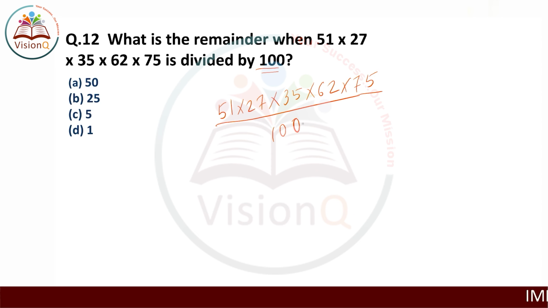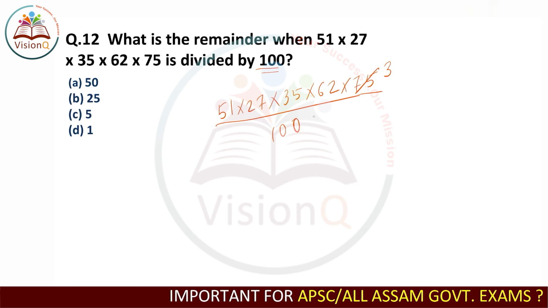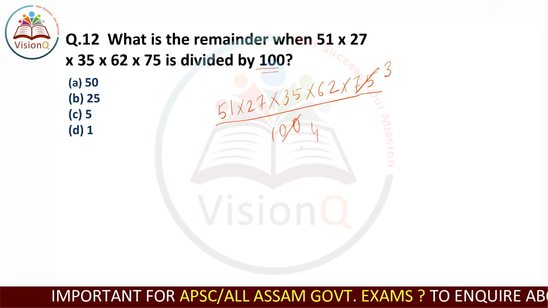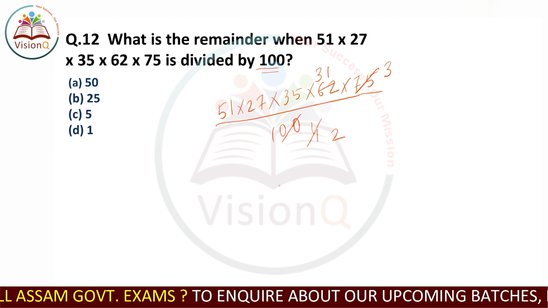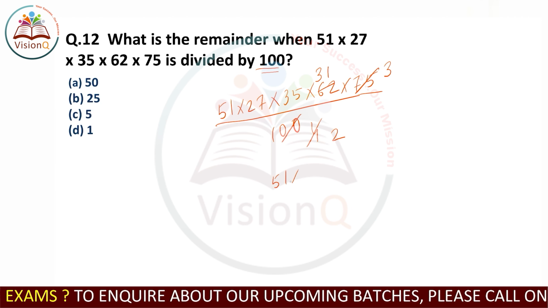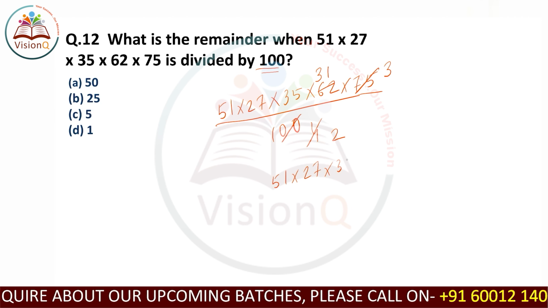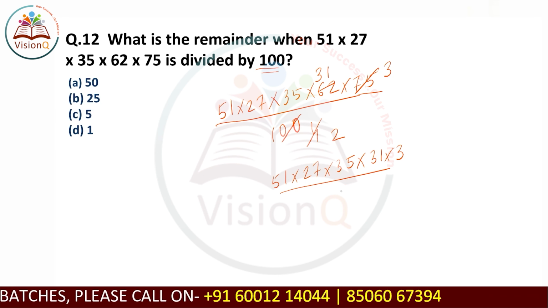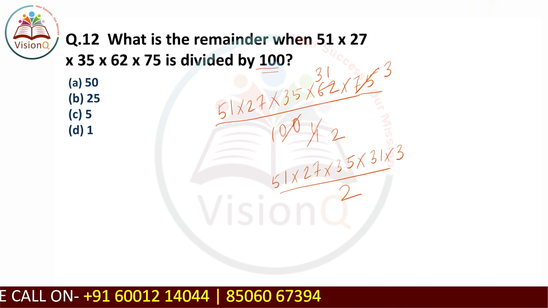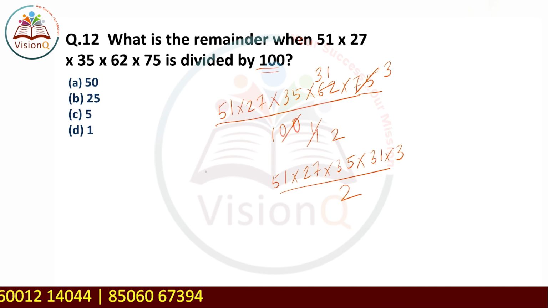Whichever part is common, just cancel out the common parts. 25 3s are 75, 25 4s are 100. Again 2 2s are 4 and 2 31s are 62. So the number is 51 into 27 into 35 into 31 into 3 divided by 2. Now this number is to be divided by 2, find the remainder.